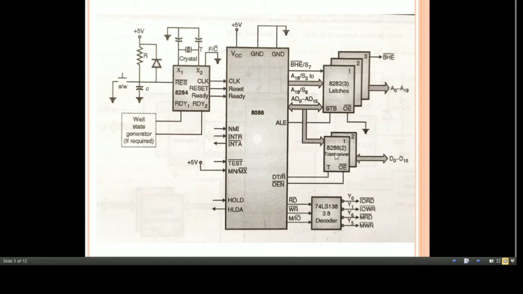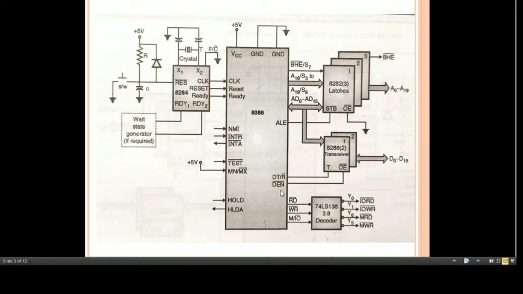How these work, we have seen in our previous session, so for details on how the transceiver works, you can refer to the previous session of this lecture series. This transceiver separates the data lines from the multiplexed address and data lines, and at the end we get a total of 16-bit data lines D0 to D15.